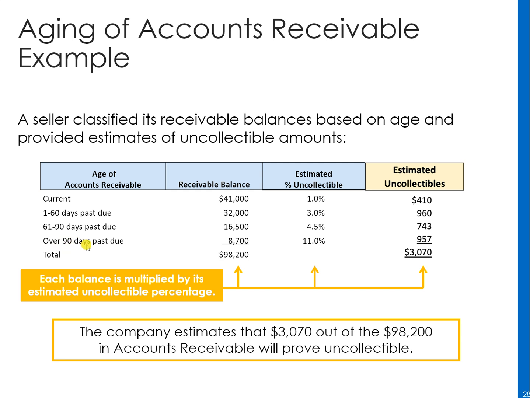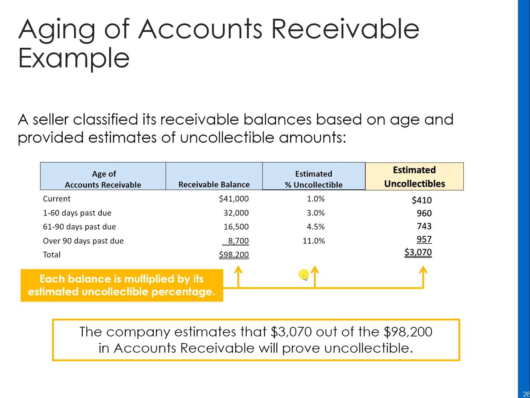And over 90 days past due, the uncollectible amount increases to 11%. Added together, this gives us $3,070, the allowance account it should have. So that's the aging of accounts receivable.